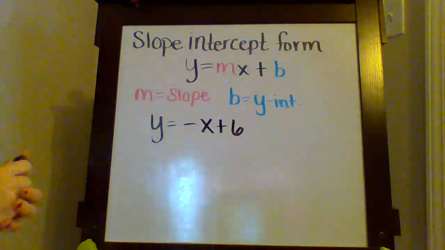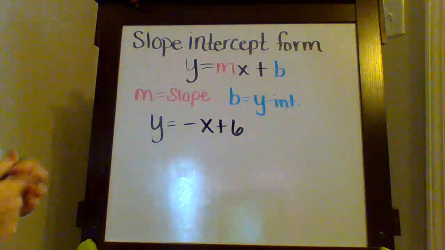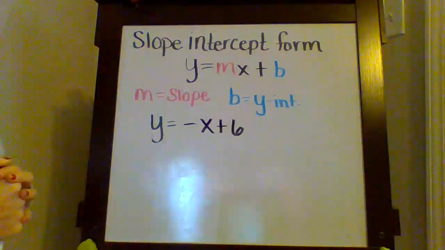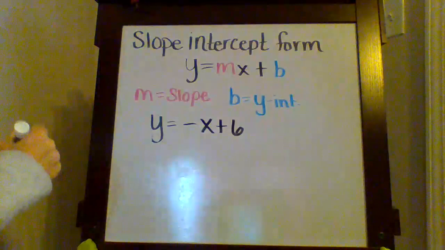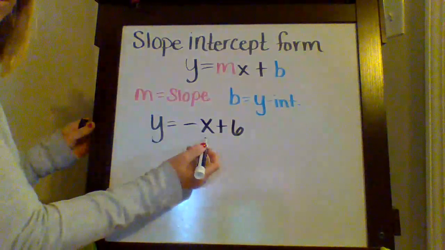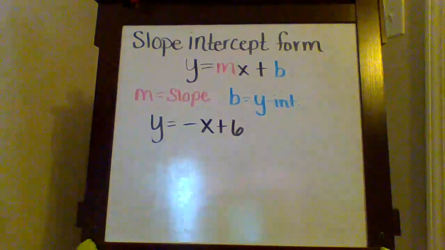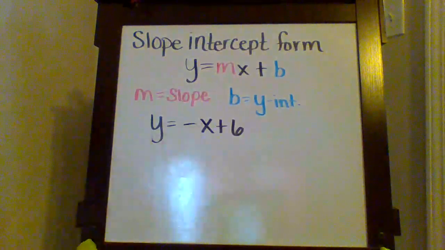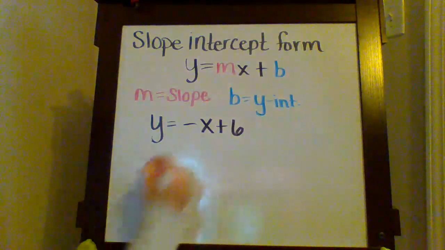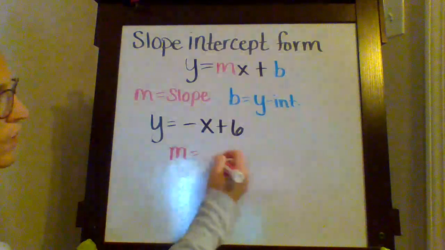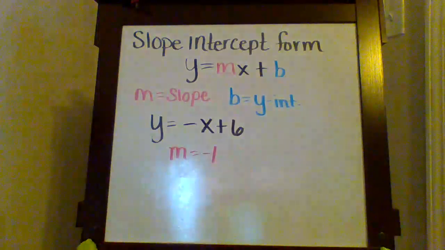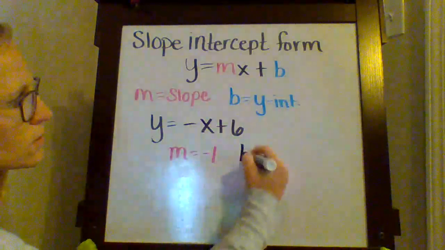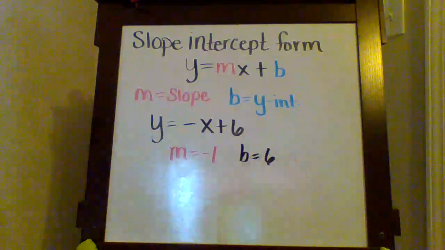What do you think the slope would be of that equation? So remember, slope is always the coefficient of x, and I know that in your classes we've talked about if there's nothing written, it's understood to be a 1, or what a lot of your teachers refer to as a ghost 1. So in here, my slope is a negative 1. And then my y-intercept is 6.